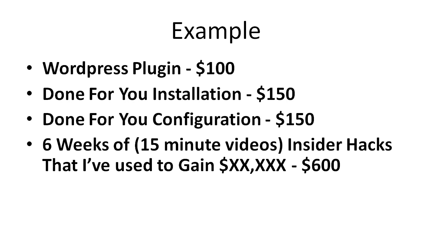And then you can say something like 6 weeks of X amount of minute videos, insider hacks that I've used to gain X amount of money, blah, blah, blah, whatever desire that they want to achieve. So as you can see, I'm stacking on bonuses that actually aim towards overcoming those objections. So done for you installation, overcoming time, and the I don't really know where to get started objection.